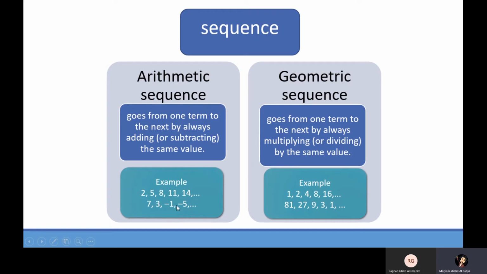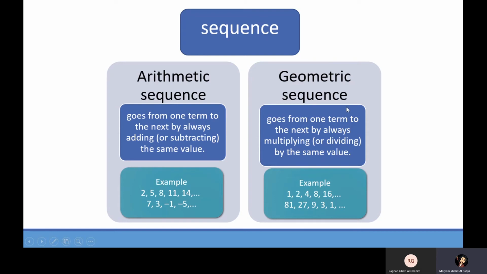Same thing with this one, but it's by subtracting. In an arithmetic sequence, what we learned in the first semester, the difference between terms should be constant. I mean, the common difference should be constant, by addition or subtraction.